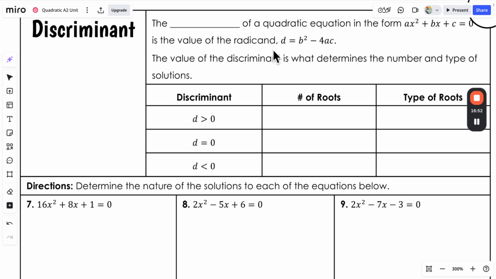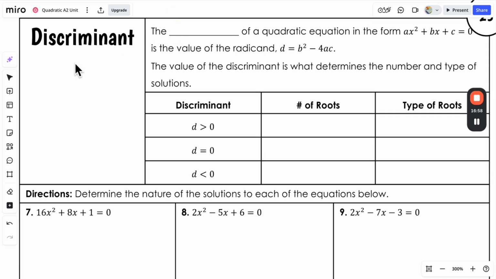The last little part of this lesson, we're going to learn about the discriminant. The discriminant of a quadratic equation in the form ax squared plus bx plus c equals 0 is the value of the radicand.